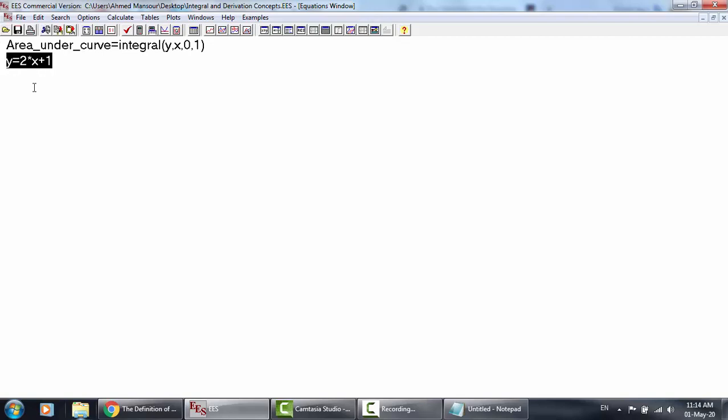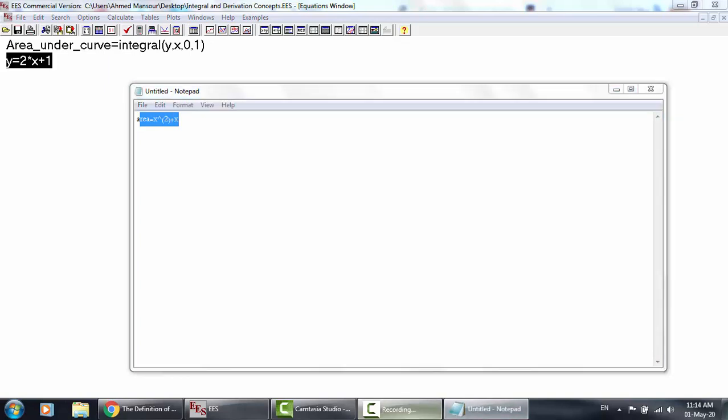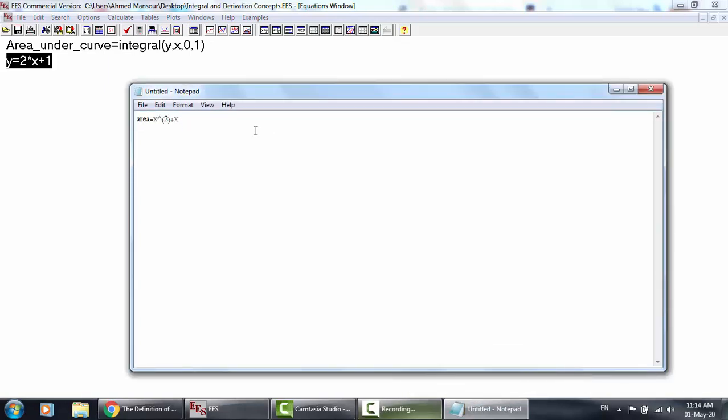It is 2x squared divided by 2. It will give you x squared plus x from 0 to 1.